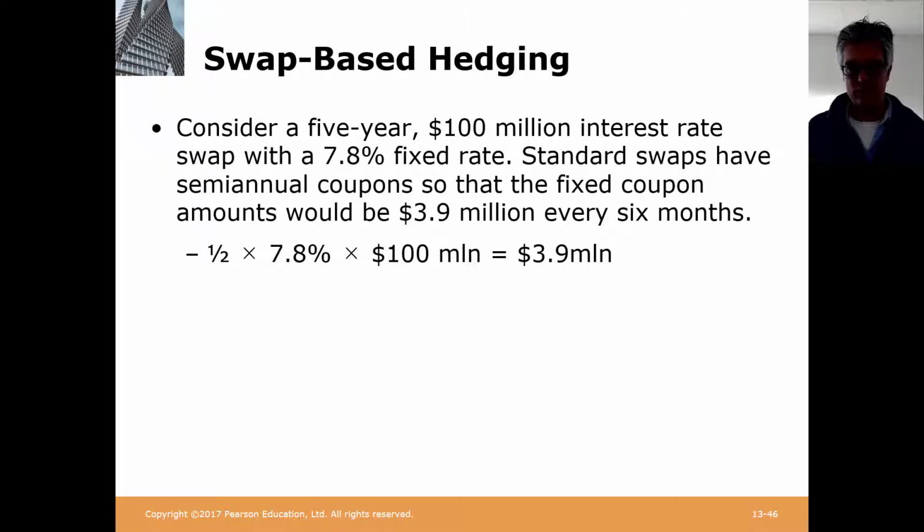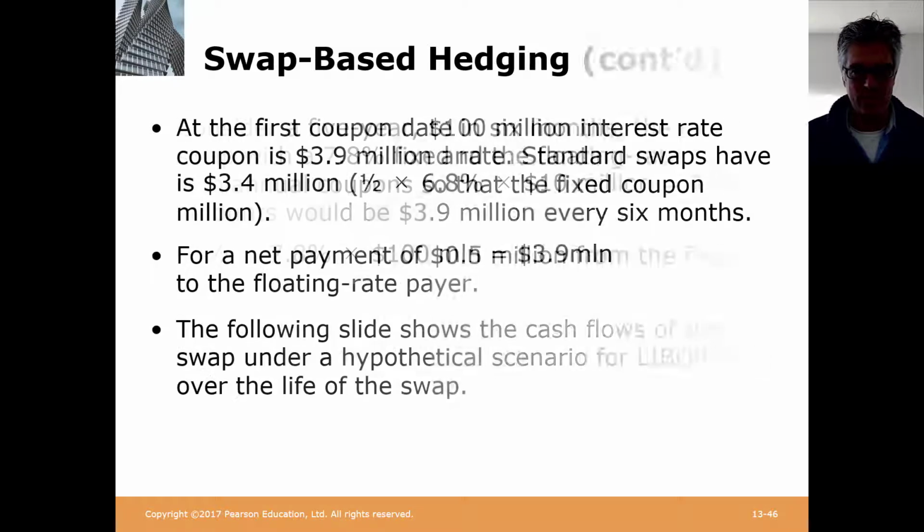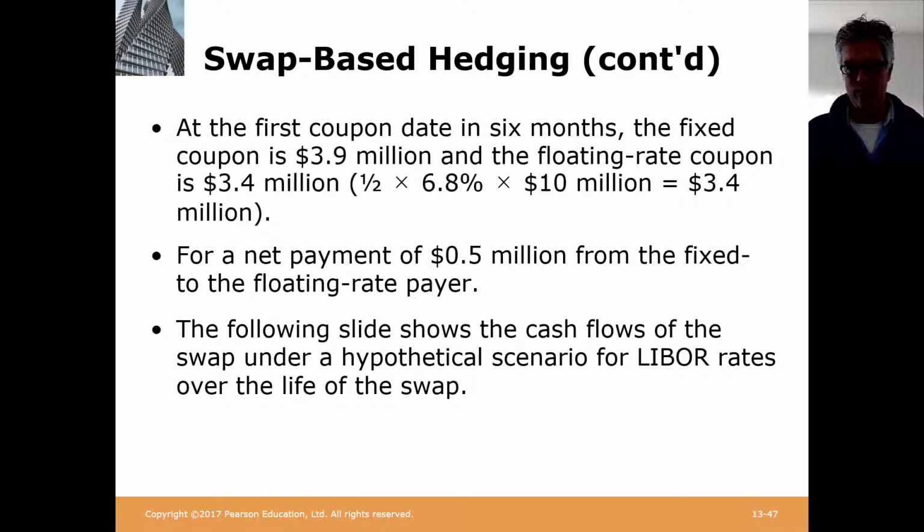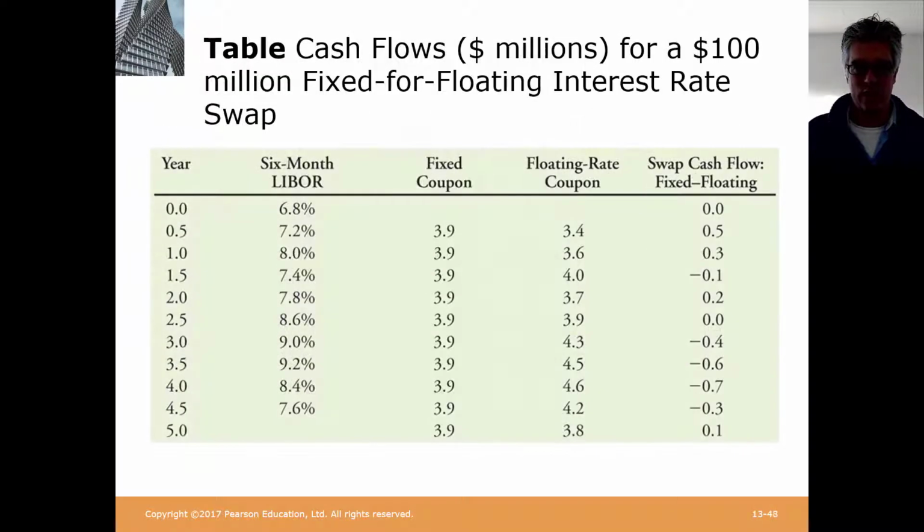If we have this $100 million bond with a 7.8% fixed rate that's paid semi-annually, that means every half year I would expect half of the 7.8%, so $3.9 million. For the LIBOR one, it would be based on what the LIBOR was over the last half year. If I look at this table from the book, the fixed coupons are going to be the same for every period.